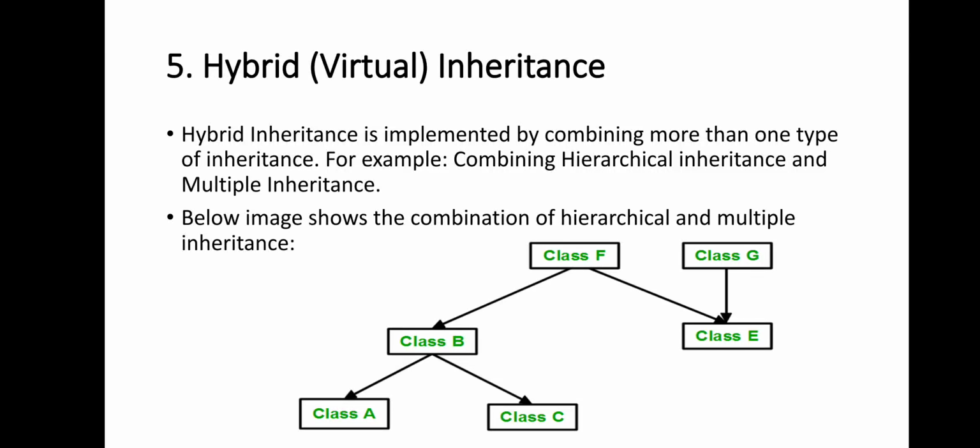Fifth one is hybrid or virtual inheritance. In this type of inheritance, there is a combination of more than one type of inheritance. For example, combination of hierarchical inheritance and multiple inheritance is shown in this figure.